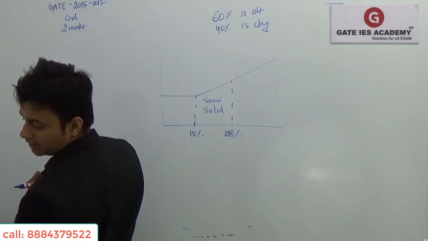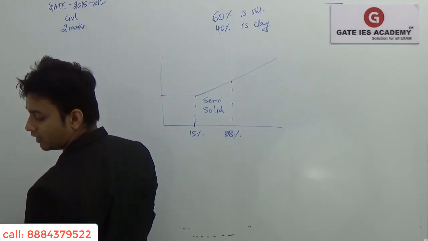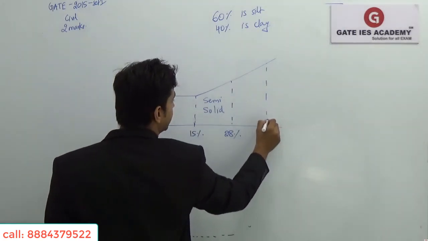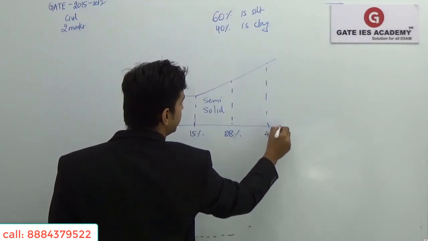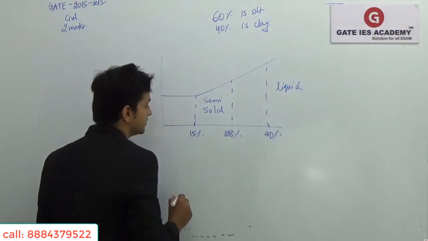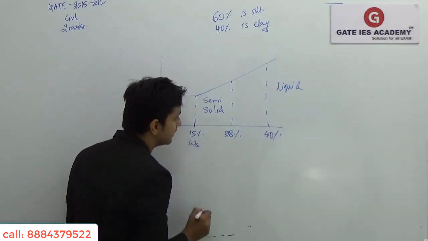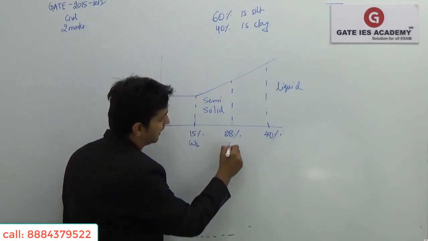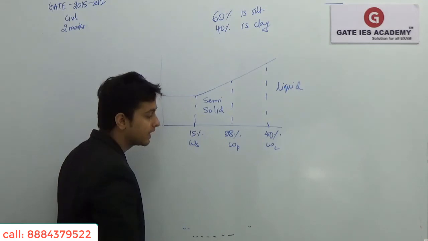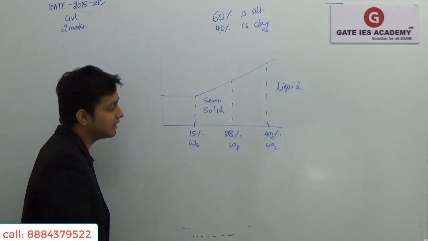Next, the soil behaves fluid-like when the water content is more than 40%. So when the water content is more than 40%, it behaves like a fluid or a liquid. So that is what they have given. So that means this is my shrinkage limit, this is my plastic limit, and this is my liquid limit. So I know shrinkage, plastic and liquid limit.